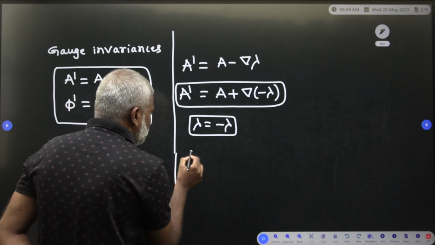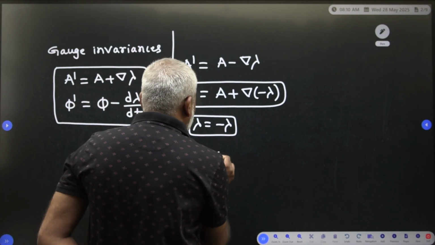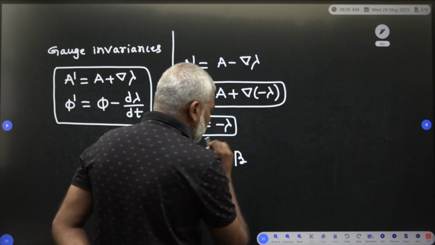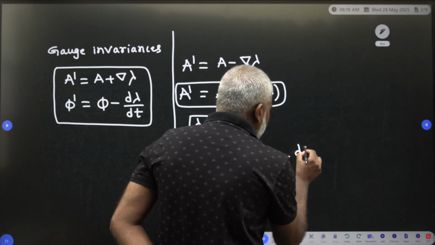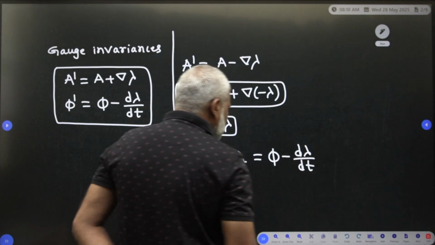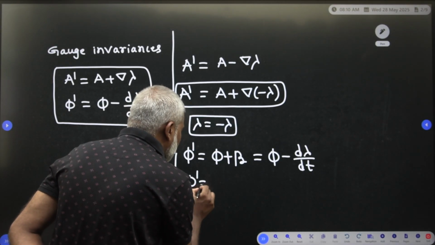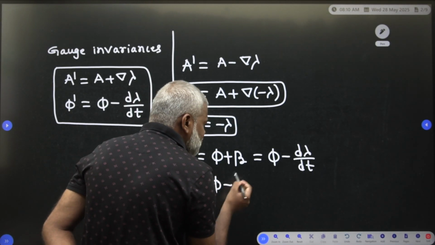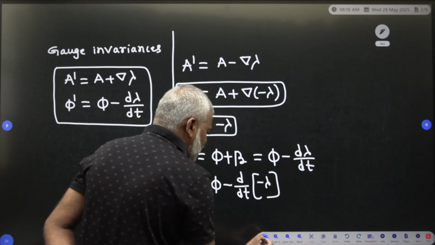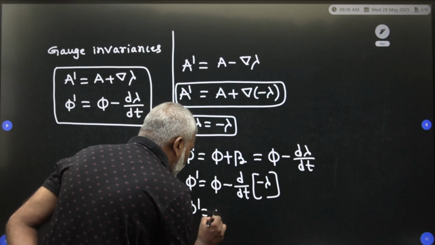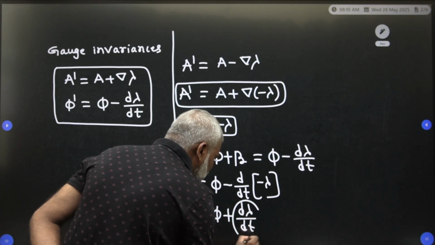Similarly, phi dash is equal to phi plus beta, and we need to calculate this beta. According to the gauge transformation, phi dash is equal to phi minus d lambda by dt, and since our lambda is minus lambda, phi dash is equal to phi minus into minus, plus d lambda by dt. What term are we adding?